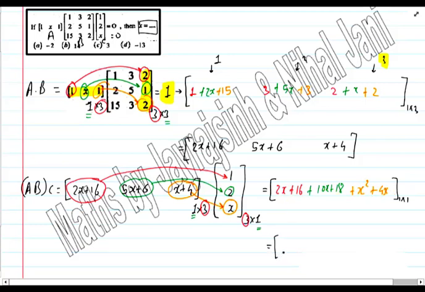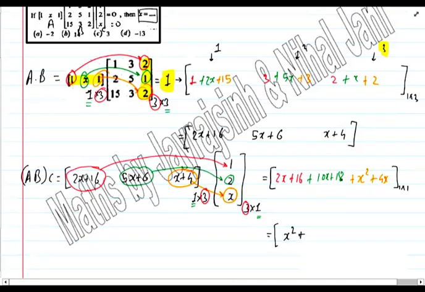So let's simplify. We will get 2x square plus, actually here we will have 6 2s are 12. So 16 and 12 will give us 28, and 2x and 4x and 10x will give us 16x.